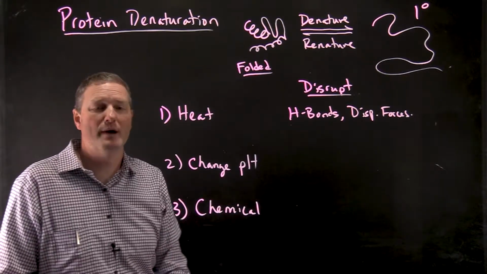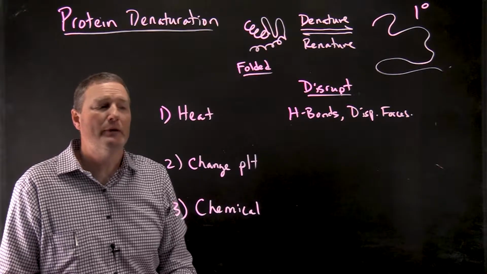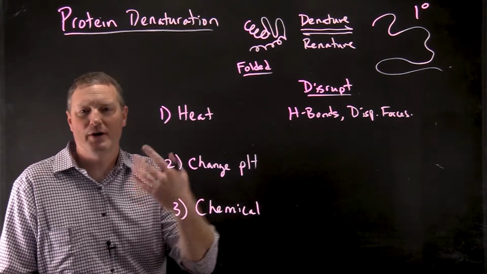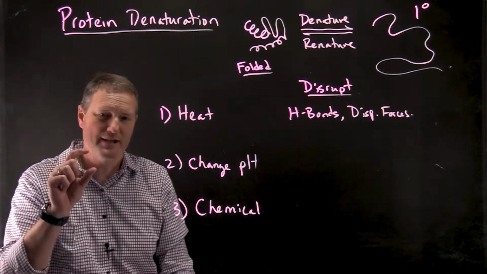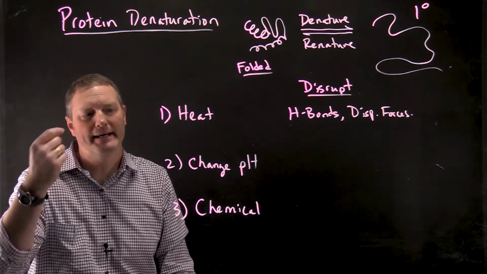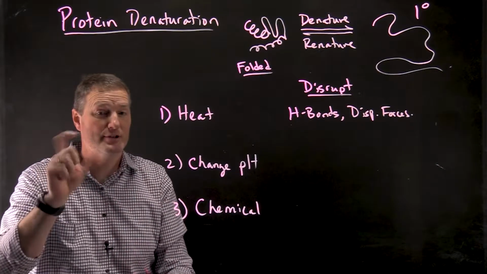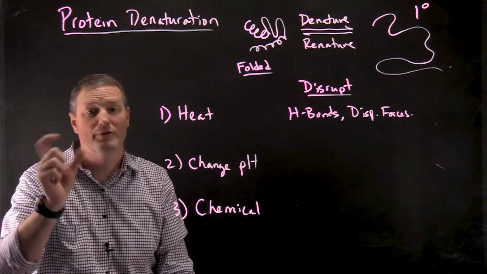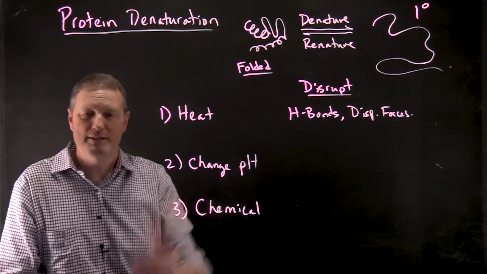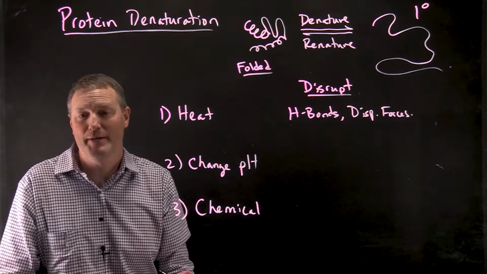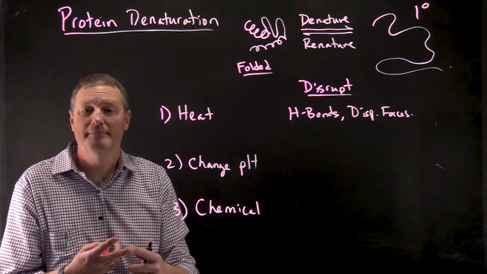Another way you could disrupt or denature a protein is to change the pH. When you change the pH, you're going to alter the protonation state of side chains, like the acidic side chains, carboxylic acids, like aspartic acid and glutamic acid. If you change the pH, you're going to change the neutral versus negative charge in those. Conversely, in changing the pH, you also affect the basic amino acids, histidine, arginine, and so forth.